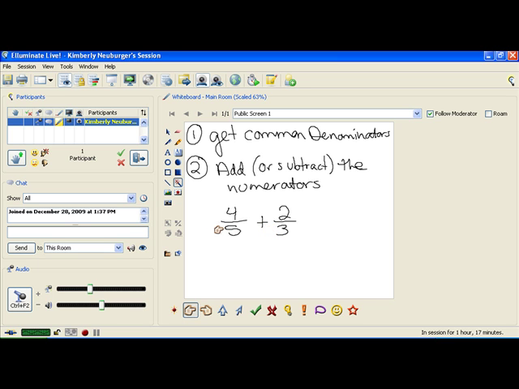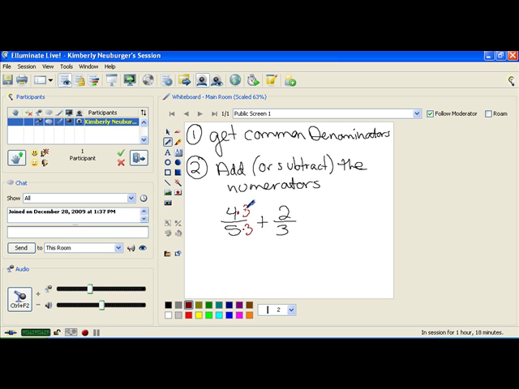So think to yourself for this first fraction, what could I multiply 5 by to make it a 15? And I multiply 5 by 3 to make that happen. So I'm going to multiply the 5 by 3. But if I do that, and only that, I'm changing the value of this fraction. So what I do is I multiply the top by 3 also, because 3 over 3 is 1.